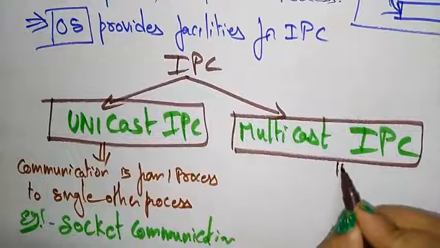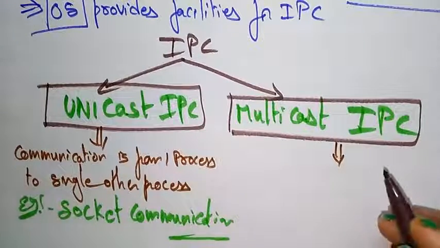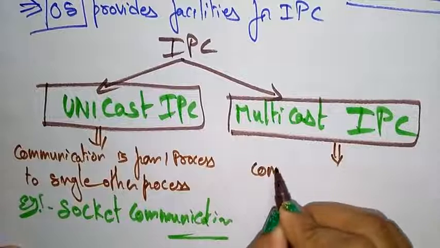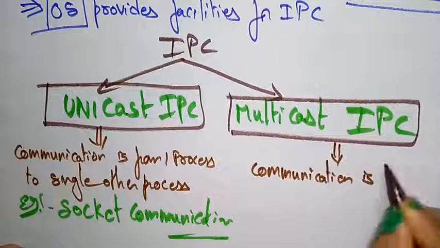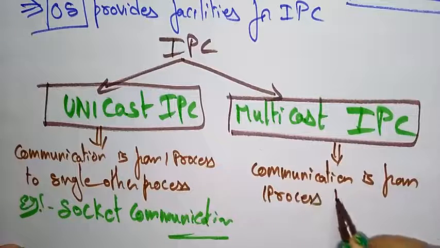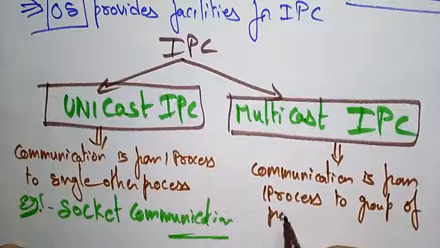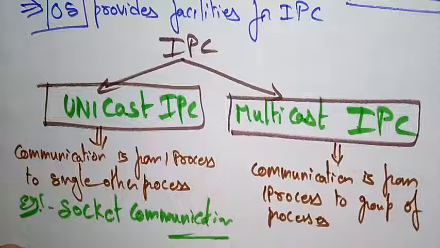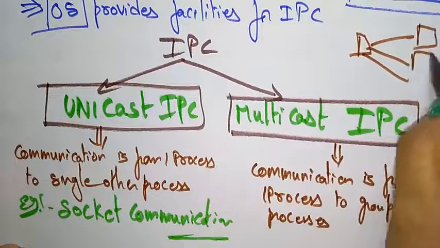Now coming to multicast, what do you call multicast inter-process communication? The communication is from one process to a group of processes. Here one process is going to communicate with a group of processes.